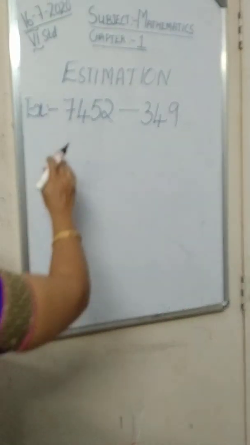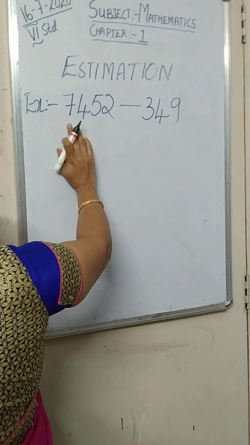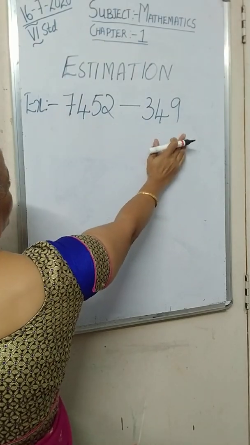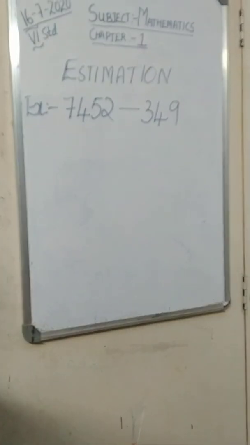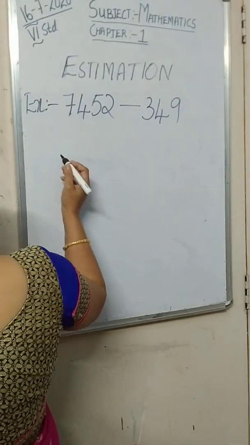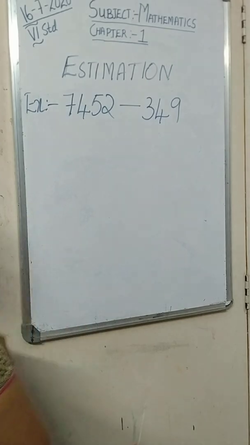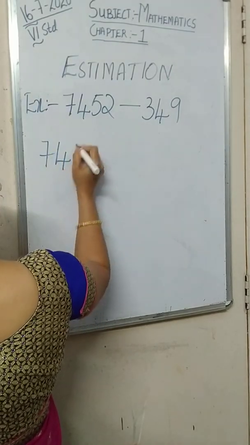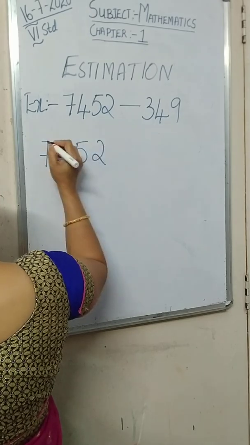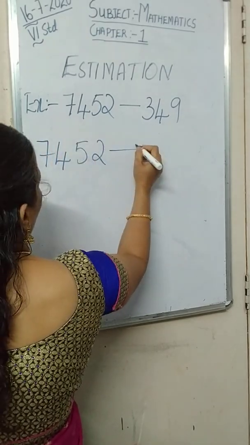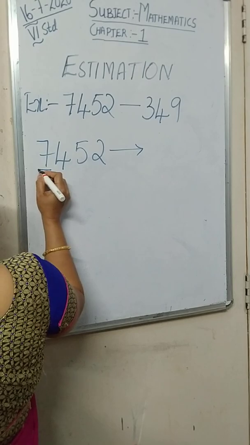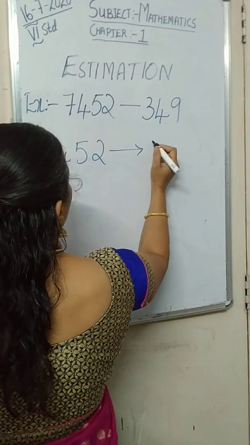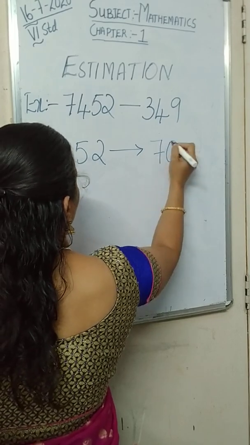Yes, here you can see that the number is 7452 and here it is 349. Before subtracting it, we will estimate these numbers to their greatest place value. So, the first number, 7452, can be estimated to, which is the greatest place value here? 7. So, it is estimated to 7000.